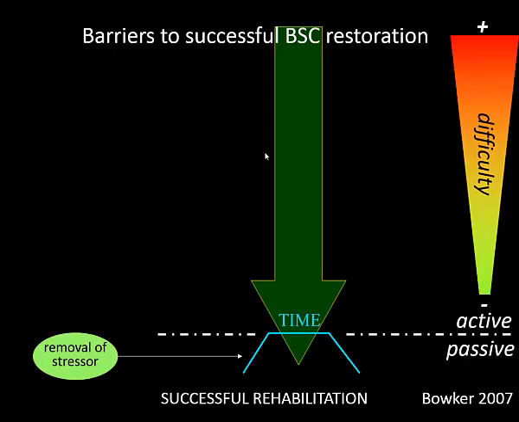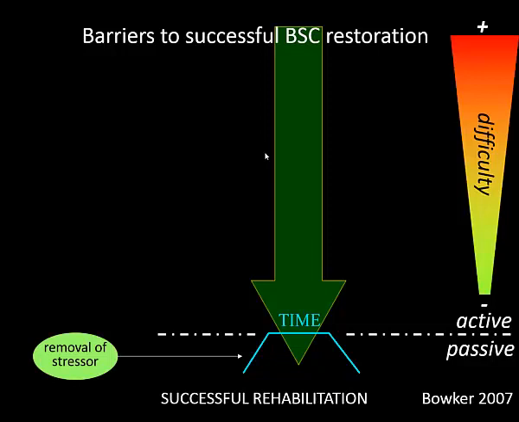So when you're thinking about restoration, and especially restoring soils, there are some barriers that you have to address. At the low end down here, we can think about what we can do passively without really doing much at all, without putting on treatments to rehabilitate biocrusts. We can look at these little blue polygons as barriers to success.